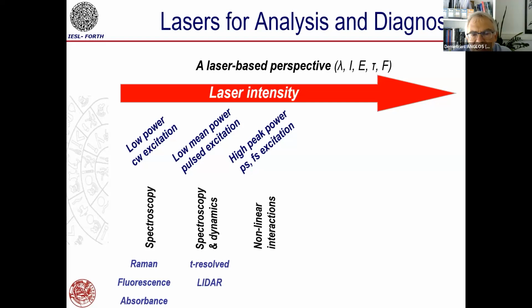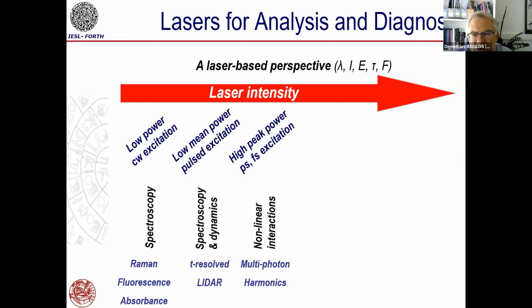Therefore, we can exploit further interactions which we call multi-photon interactions, 2-photon, 3-photon absorption, and so on, and also harmonic generation. That allows us to generate more wavelengths from the laser point of view. That allows us also to explore more interactions of our laser beams with the substrates, with the materials.